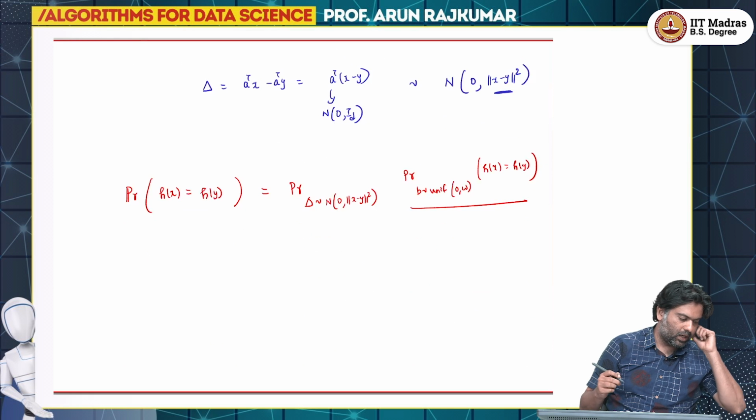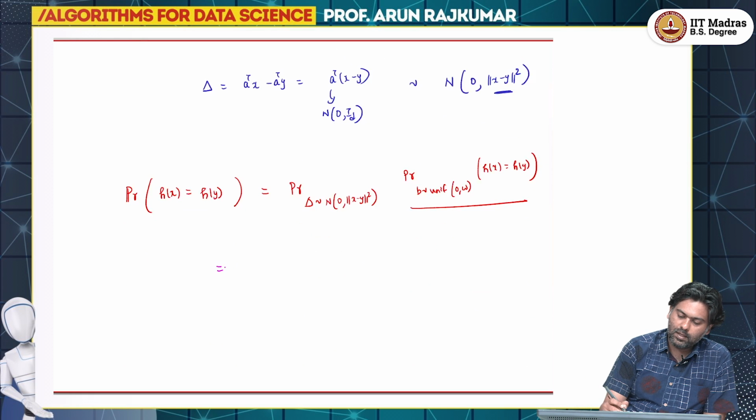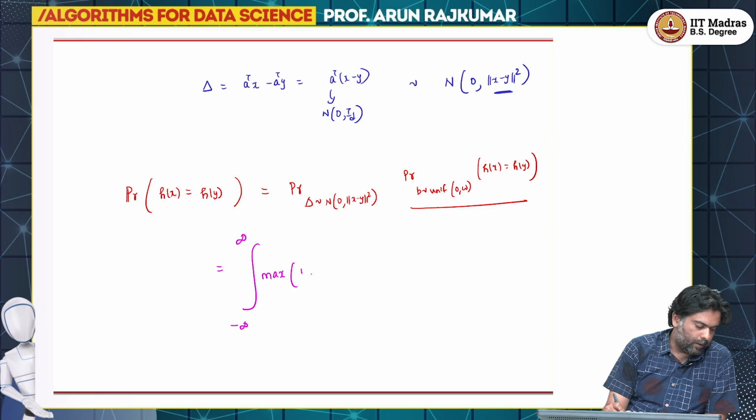So, we can write this whole thing as an integral over minus infinity to infinity, given some value of del, which let us call t here as a running variable, the chance that the collision happens is just max of 0 comma 1 minus absolute value of t by W.